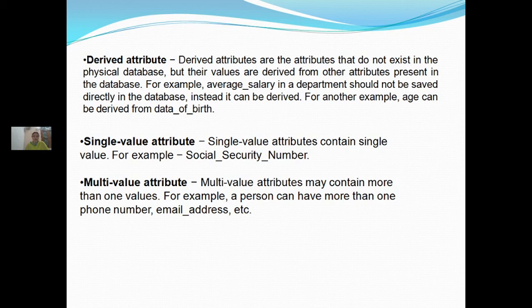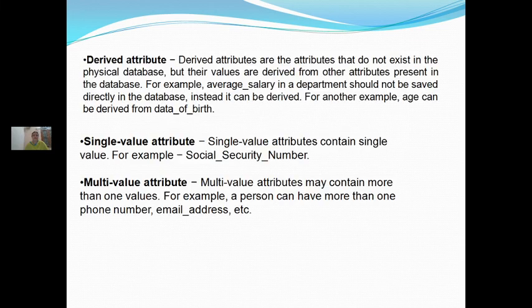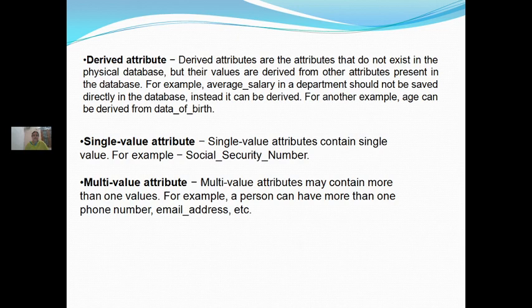For example, a person can have more than one phone number, email address, etc. So these are the types of attributes: simple, composite, derived, single value, and multi-value. So what is an attribute? An attribute is nothing but a column name in a table. Now let us move to the next slide.